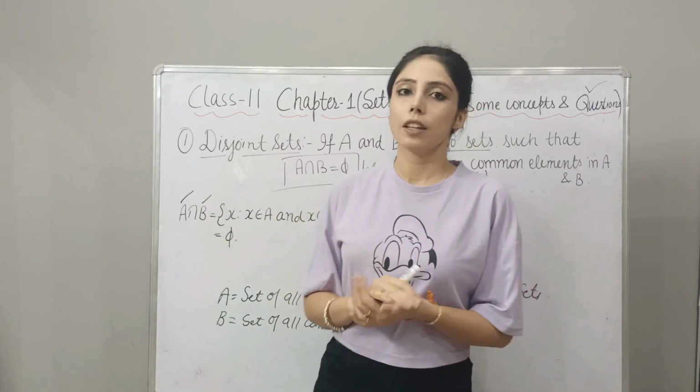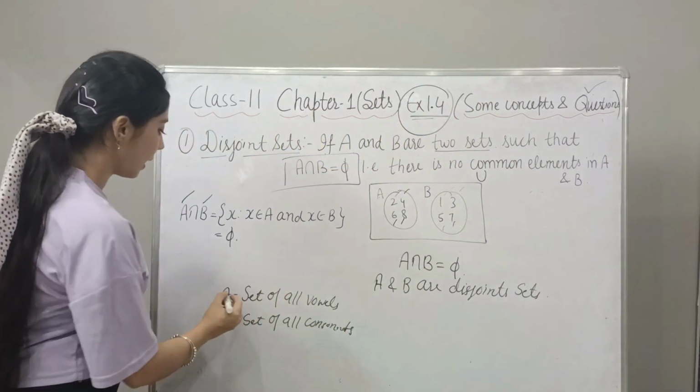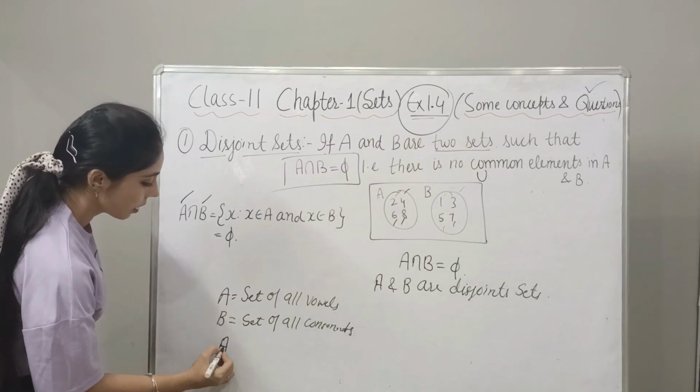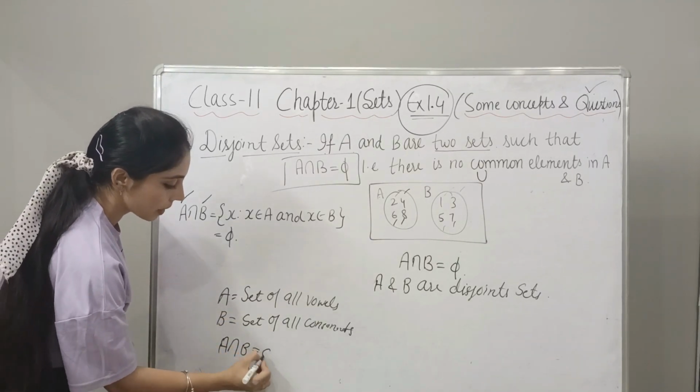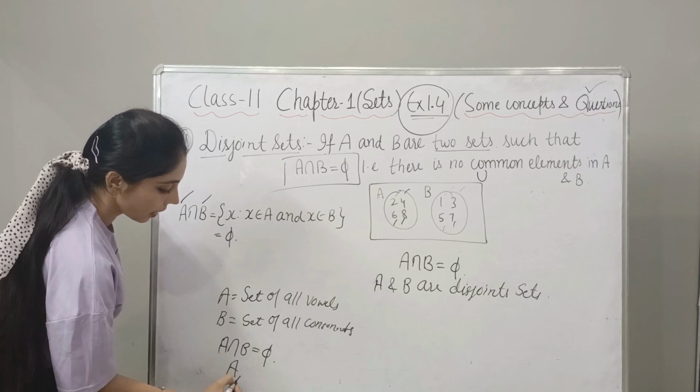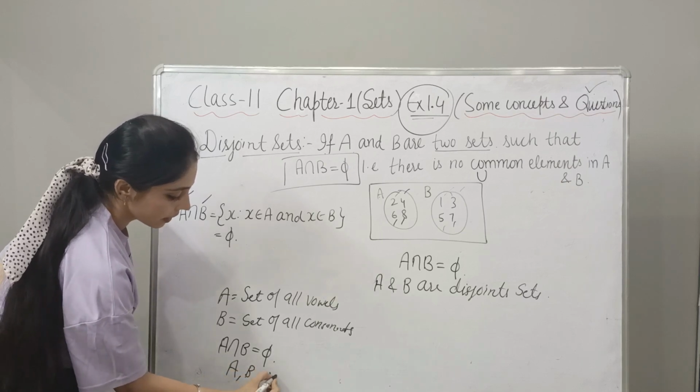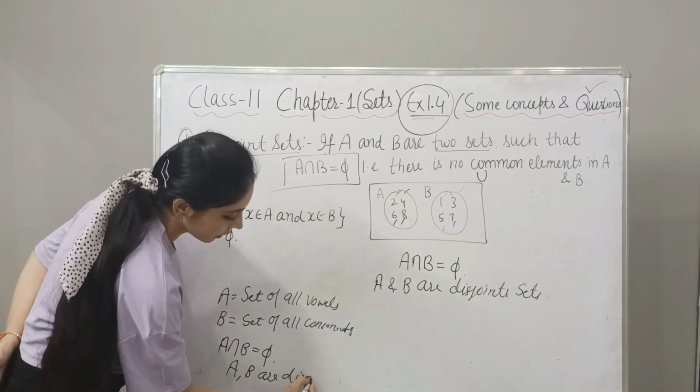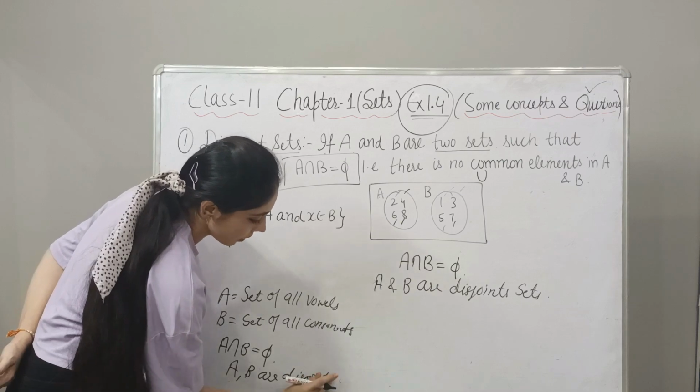So there will be no element common. So A and B are disjoint here because A intersection B is equal to the empty set. These are disjoint sets.